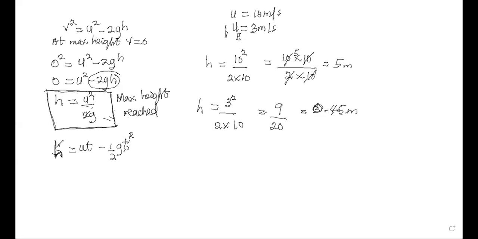We can derive the same equation by using equation 2 rather. Now, what is the expression that was obtained for the time taken to reach the maximum height?